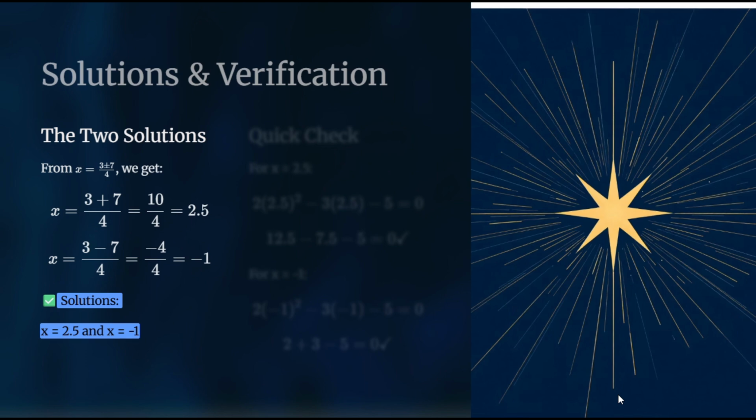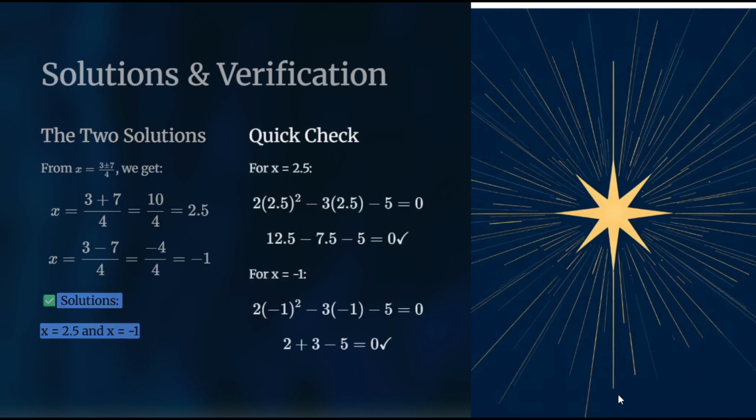But wait, we're not done. We always need to verify our answers. So simply, if we substitute our two solutions into our original equation, 2 times 2.5 squared minus 3 times 2.5 minus 5, is that equal to 0? You can quickly plug that into your calculator and you realize that it is indeed equal to 0.